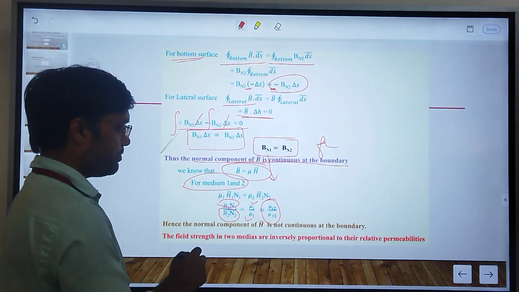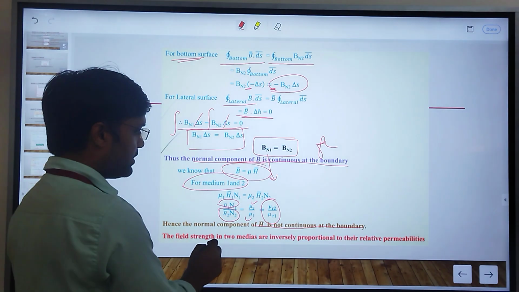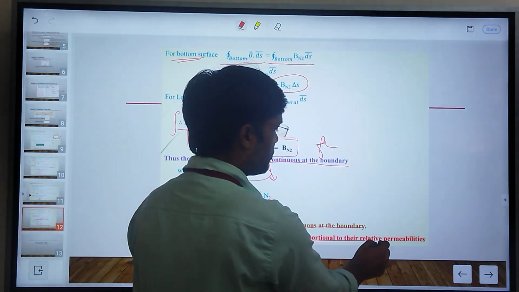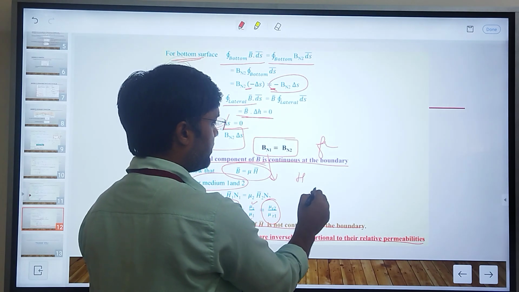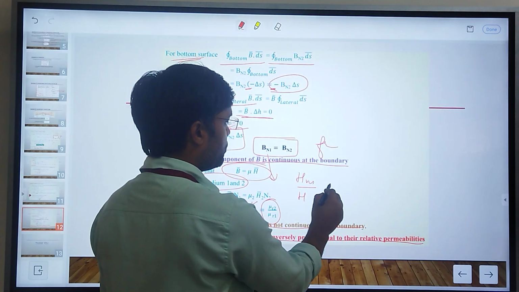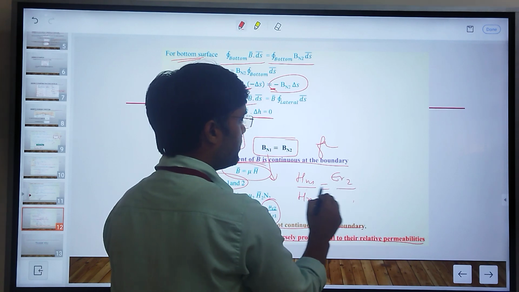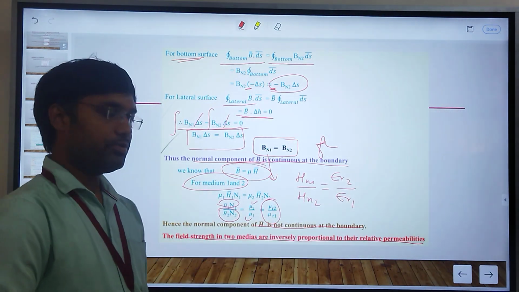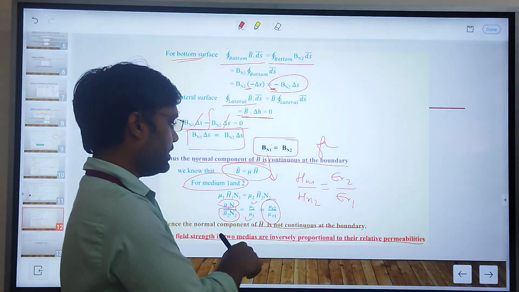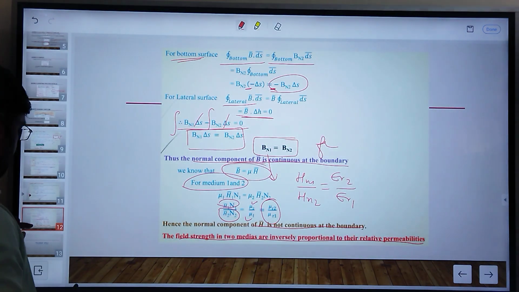H is not continuous at the boundary. The field strengths in two mediums are inversely proportional to their relative permeabilities. This means Hn1 divided by Hn2 equal to mu r2 divided by mu r1, because Hn1 mu r1 equal to Hn2 mu r2. So we can say that it is inversely proportional to the relative permeability of the medium.